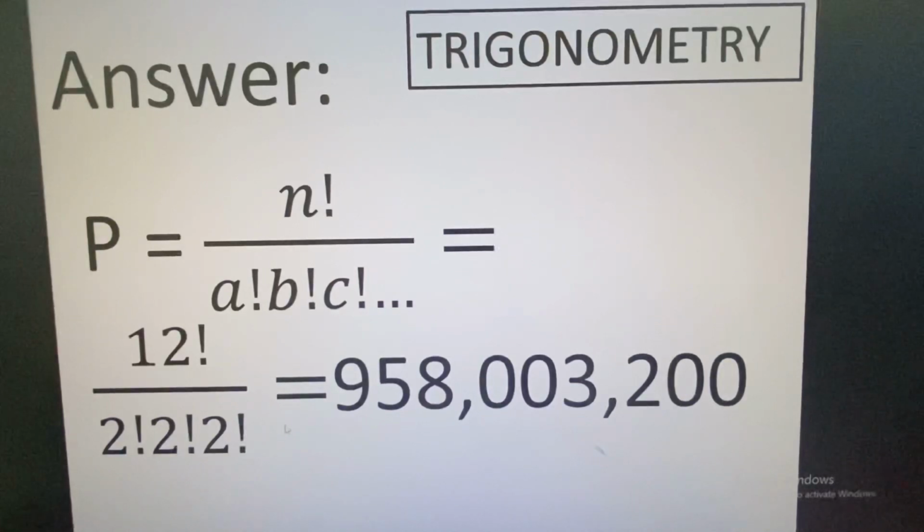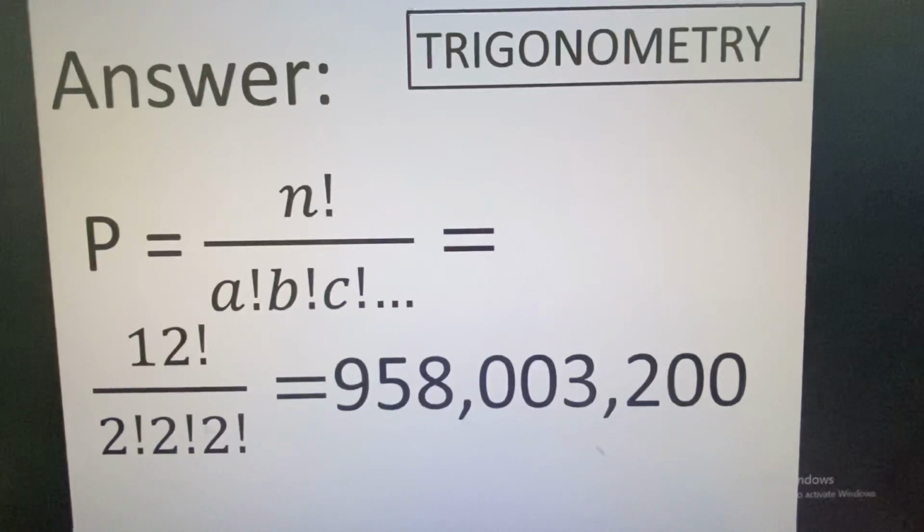Now, when you use your calculator, see to it that when you press the denominator 2 factorial, 2 factorial, 2 factorial, please write the operation multiplication, because if you will encode this in the calculator, the calculator will give you the answer math error or syntax error.